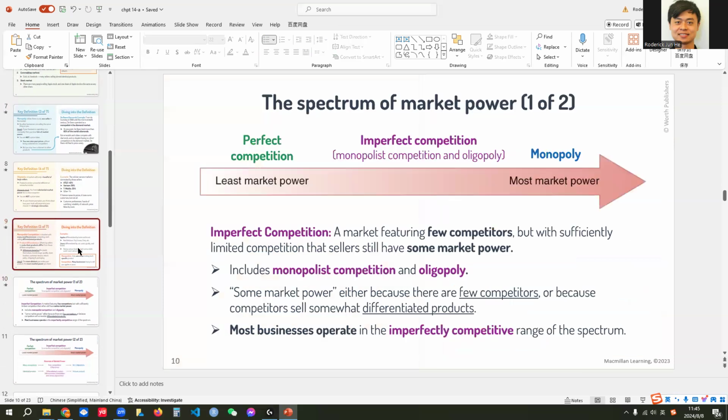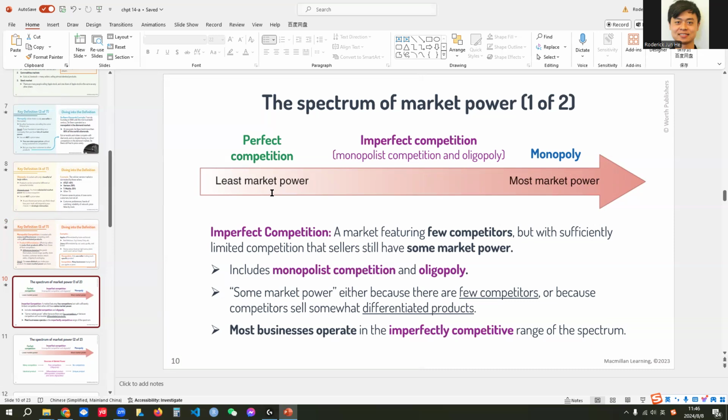right? So here, this is a spectrum from perfect competition to imperfect competition, which is the intermediate status, including monopolistic competition and oligopoly, to monopoly. The market power is increasing, right? The inelasticity, the consumer loyalty will increase.